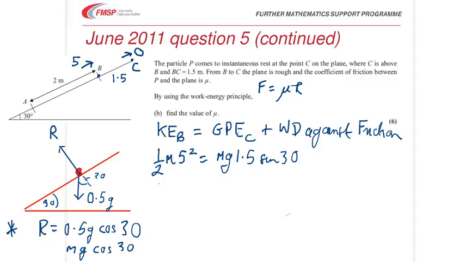Now that'll be friction times the distance the particle moved against friction. So it'll be mu R times 1.5. So mu mg cos 30 times the distance, which is 1.5. Now the m's will cancel out of that equation.